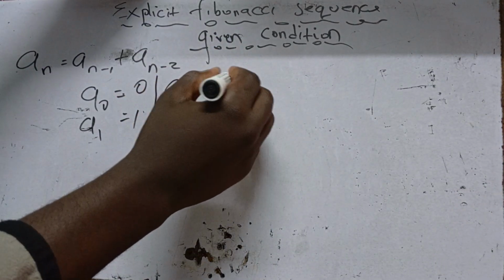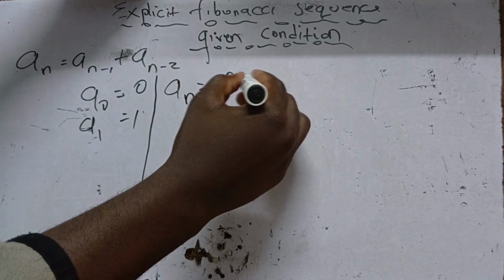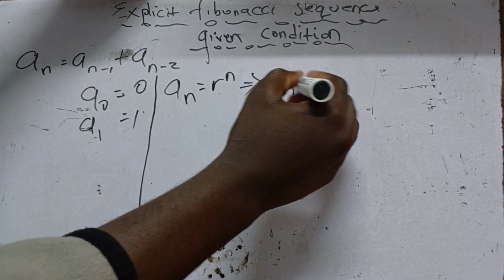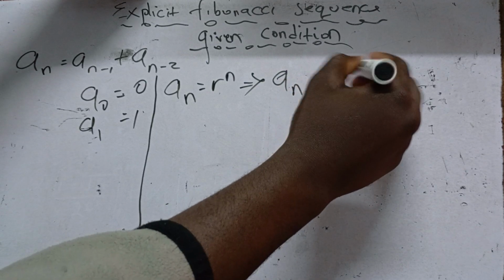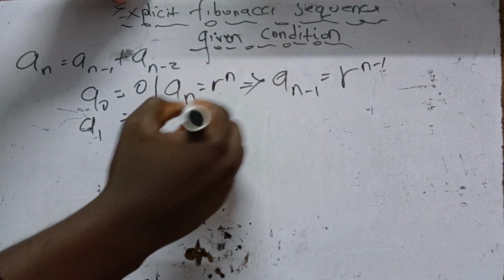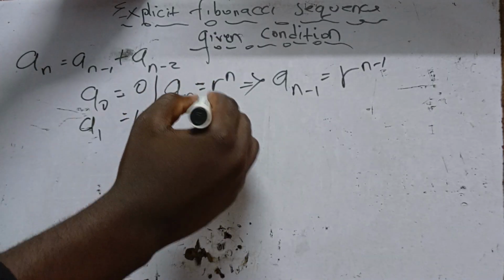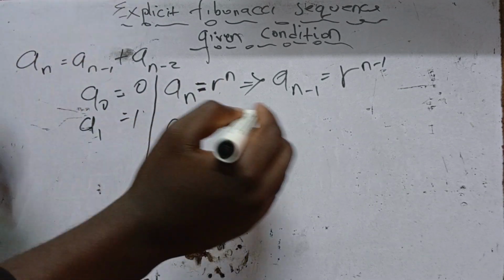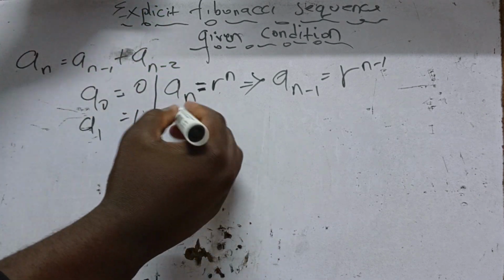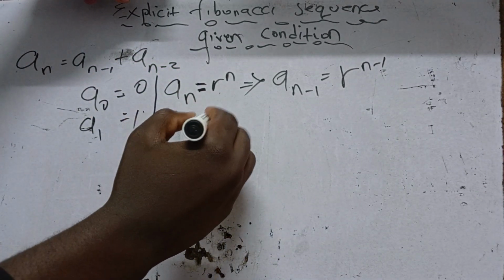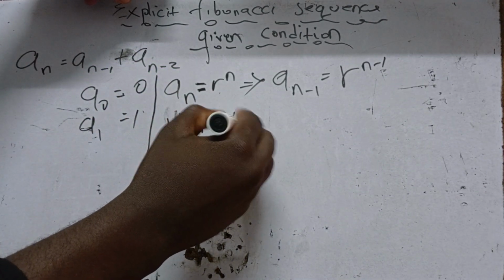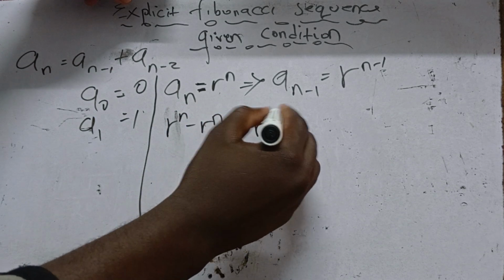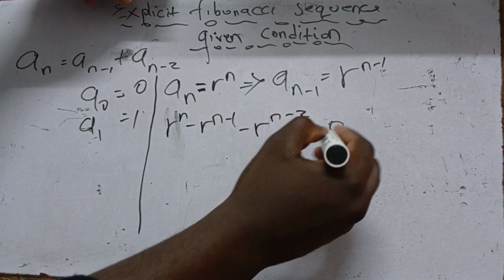So, an is equal to r^n, and r^(n-1) is equal to r raised to power n minus 1. Then all of this will be r^n minus r^(n-1) minus r^(n-2) is equal to 0.